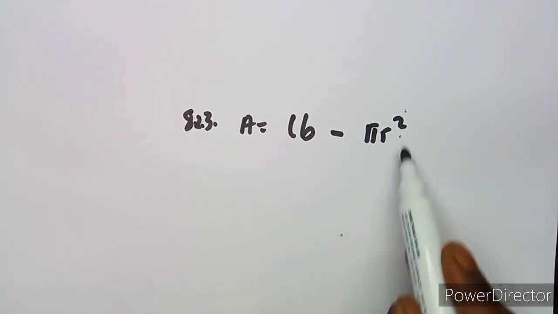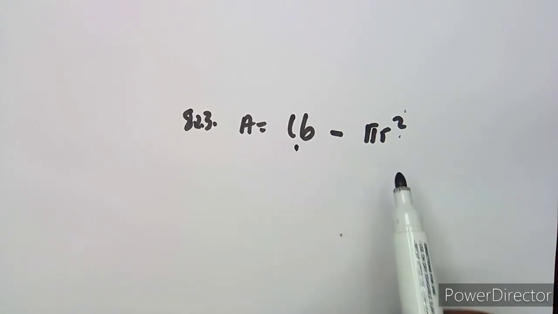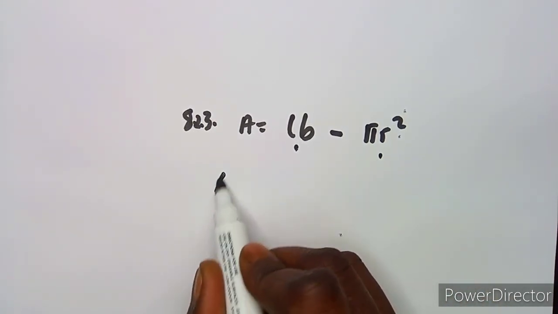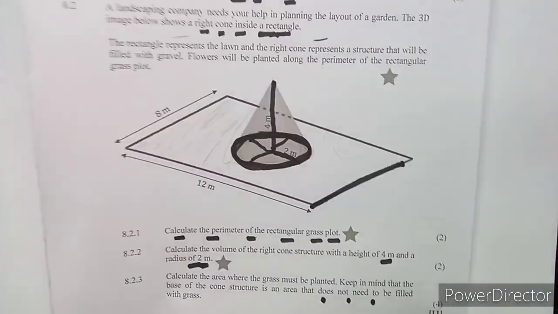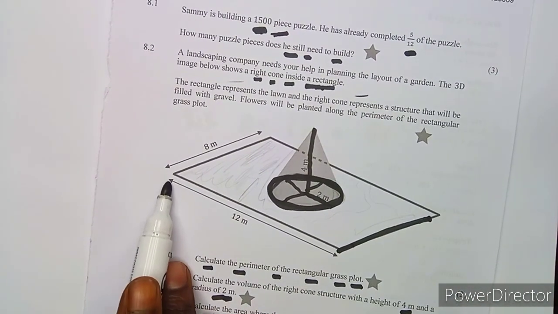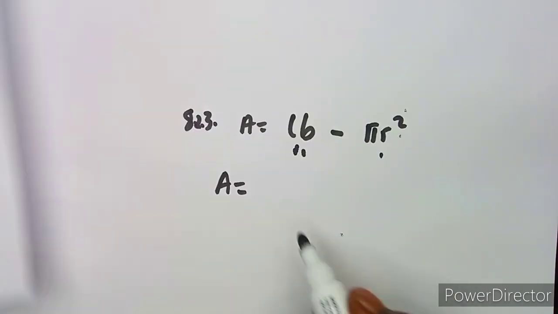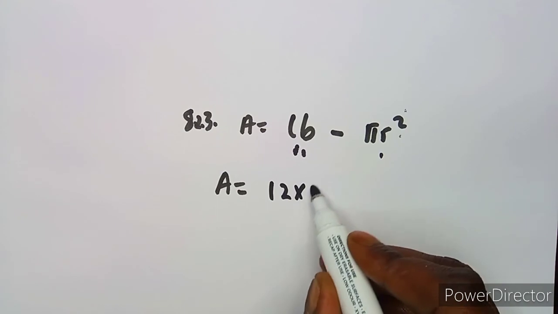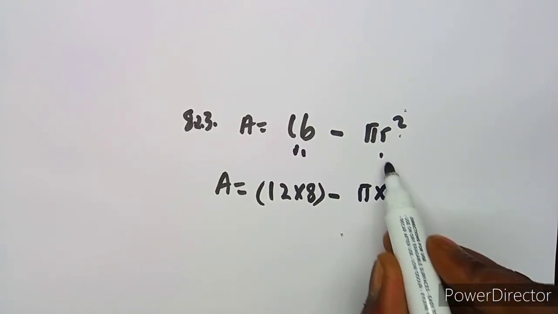So this is the area which is going to have the grass. The length is 12 and the breadth is 8, so we have 12 by 8 minus pi times r squared.